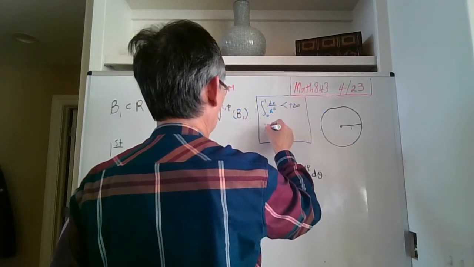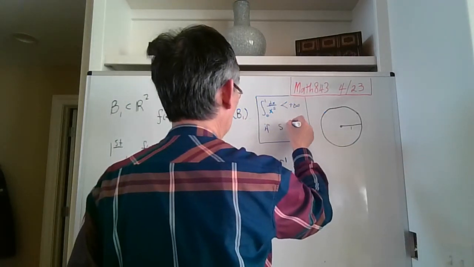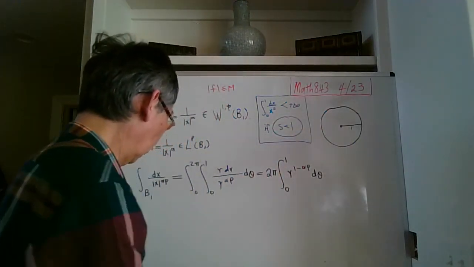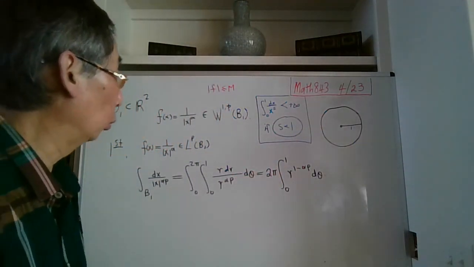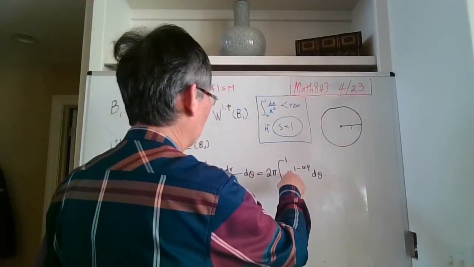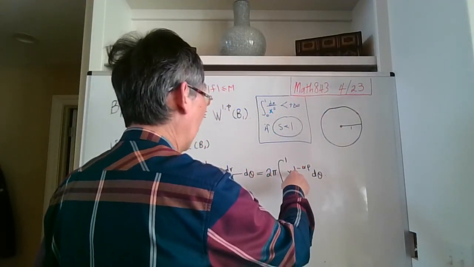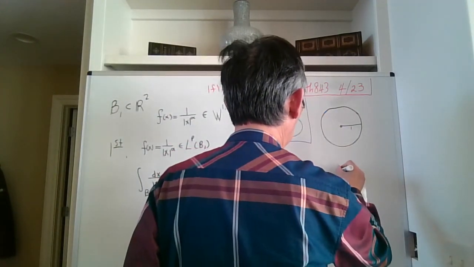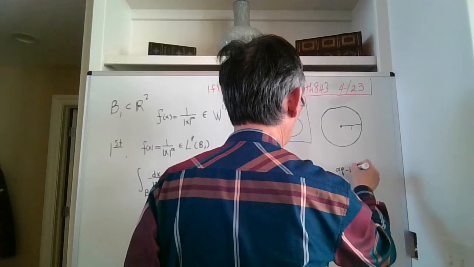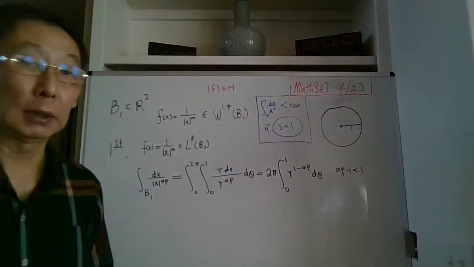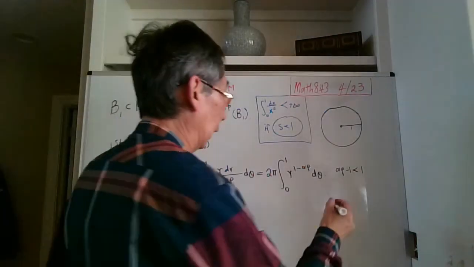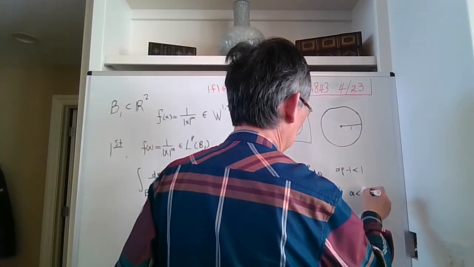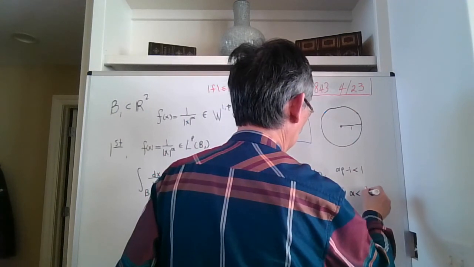What is the condition on s? s has to be less than 1. So we use this result here. This can be written as 1 over r to the power alpha p minus 1, so we need alpha p minus 1 to be less than 1. This condition simply says that alpha has to be less than 2 divided by p.